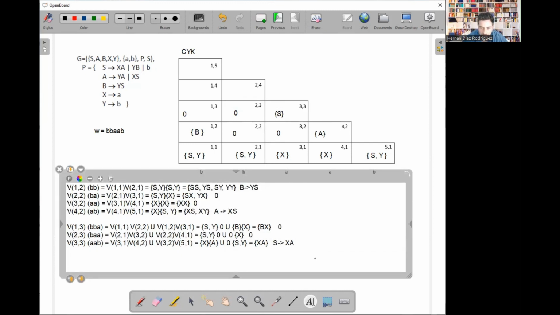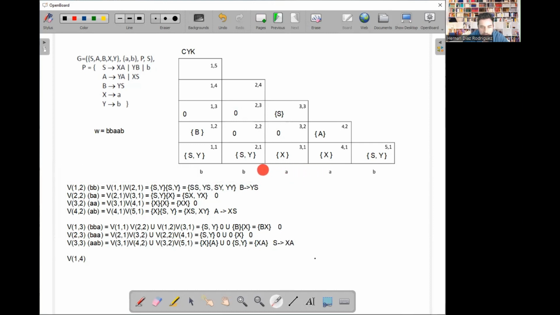Now we go to the previous row and it becomes a bit more complex, because now we are in the first position and we take 4 characters. So how many combinations do we have now to create this chain with 4 characters? We have 3 possible combinations. We can take 1 character and the other 3.